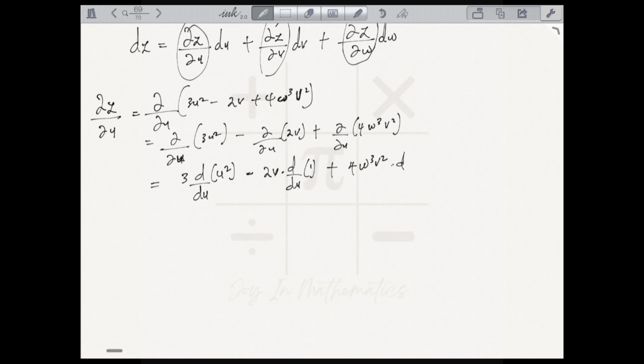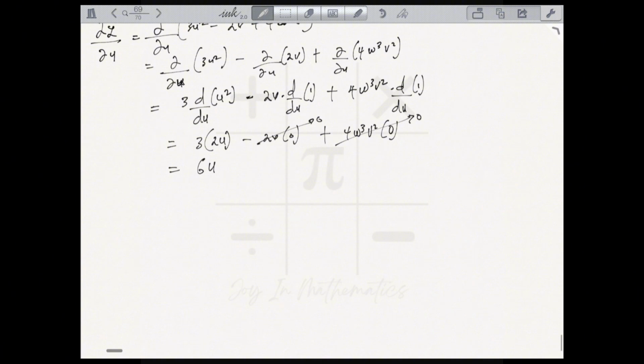Now this will give us 3 into 2u minus 2v into 0 plus 4w cubed v squared into 0. These nullify to 0, and our answer here will be 6u.